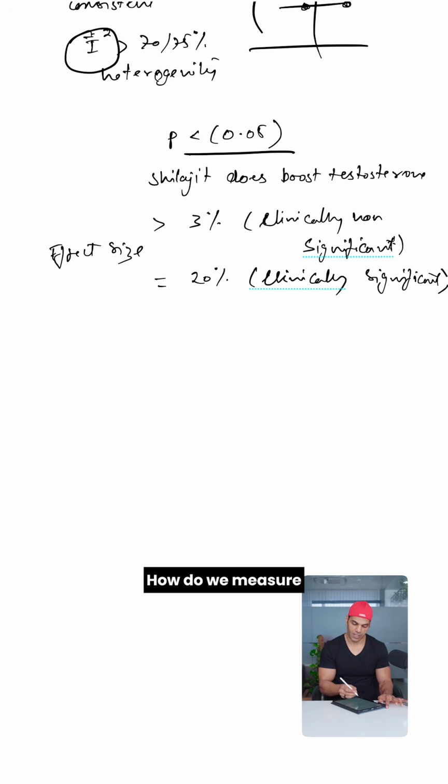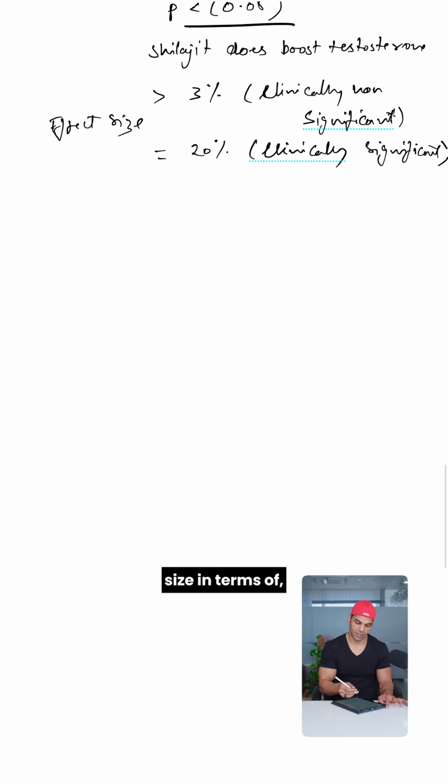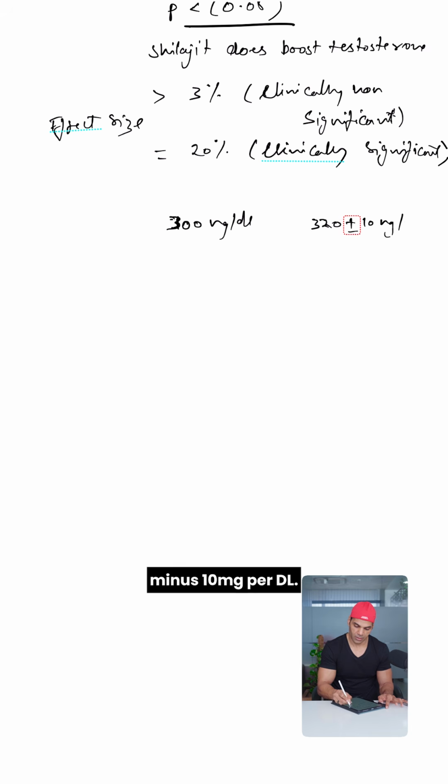So how do we measure effect size? There are different ways, but typically in this case, we measure it in the form of percentage. So for example, let's assume somebody's mean testosterone level was 300 ng per dl, and post analysis, the study measured a difference to let's say 320 plus or minus 10 ng per dl.